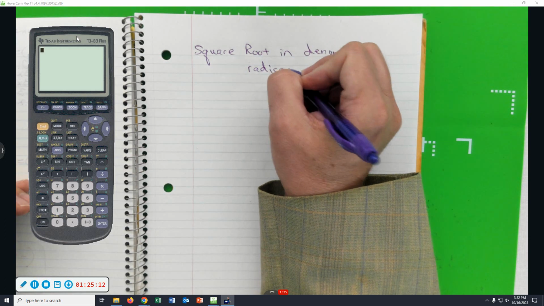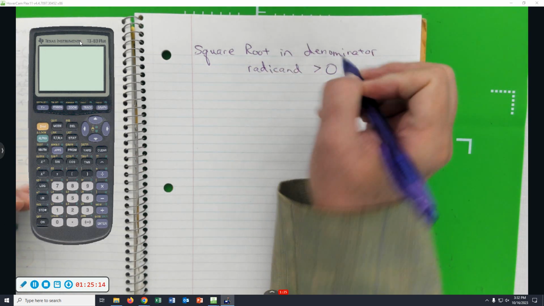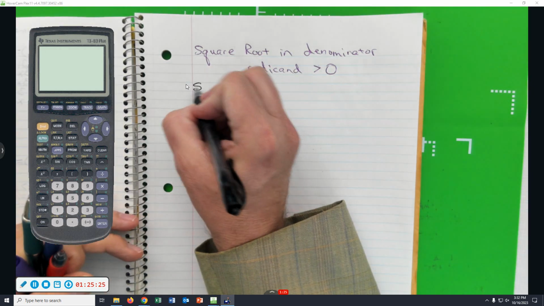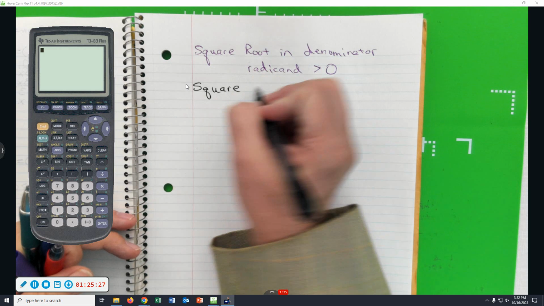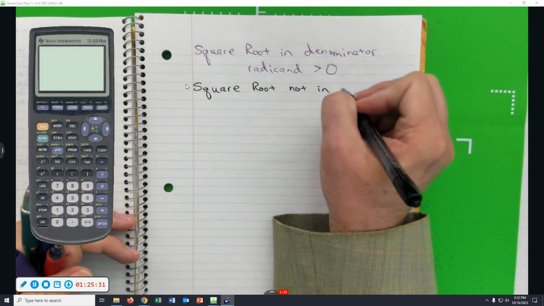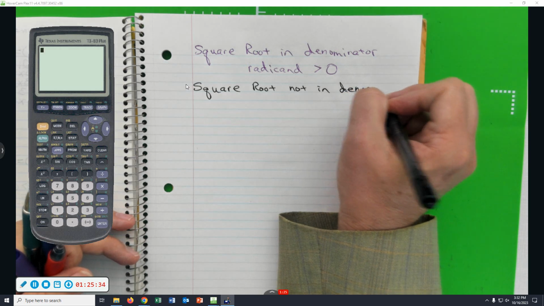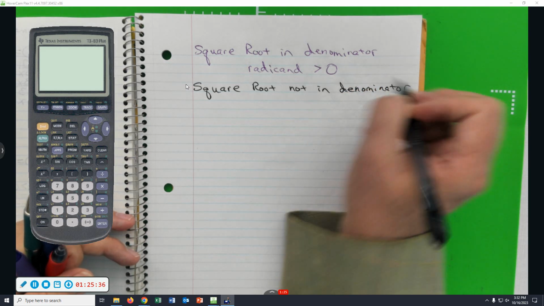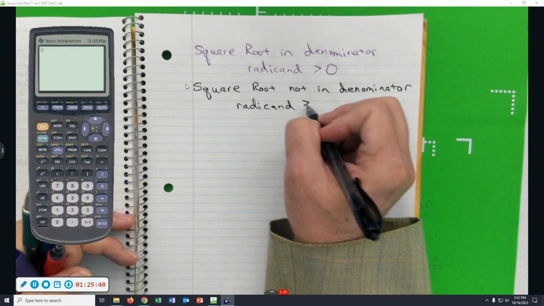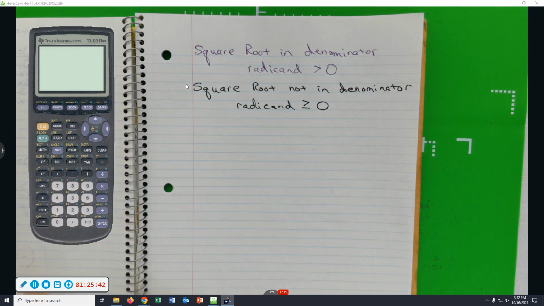So the radicand is just greater than 0 if the square root is in the denominator. If it's not in the denominator, it's okay to get a 0 under there. So I'm going to say square root not in denominator: you set the radicand greater than or equal to 0.